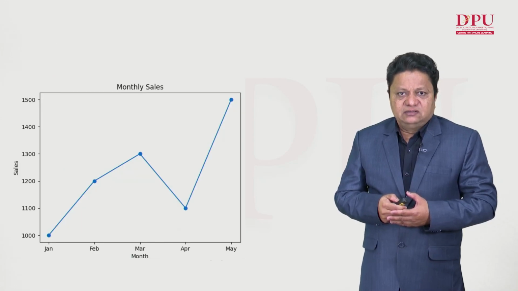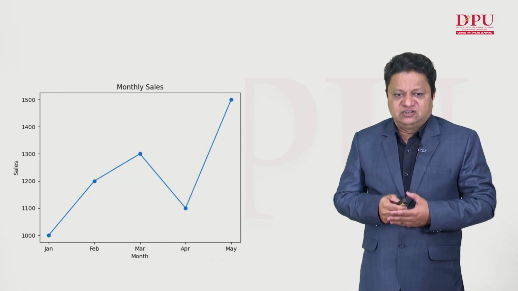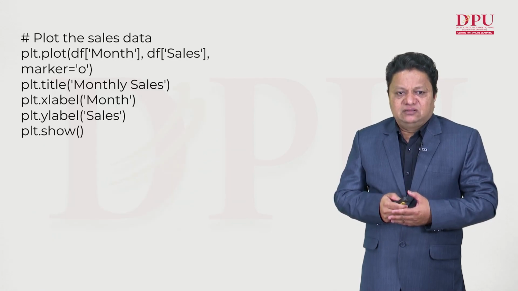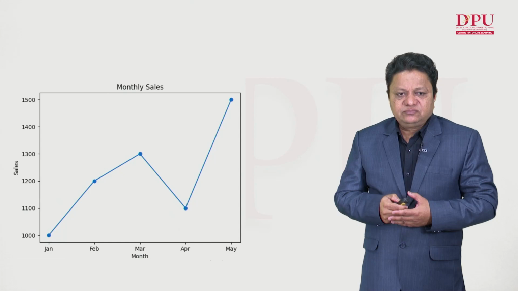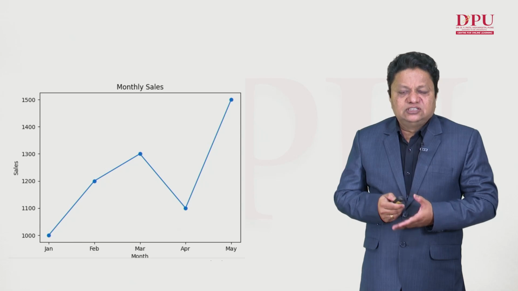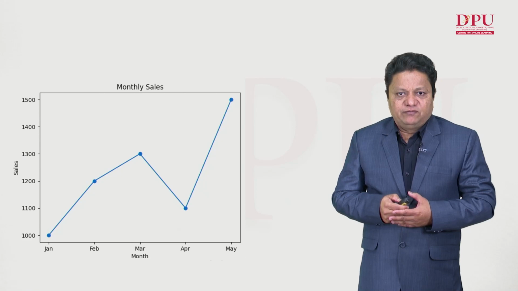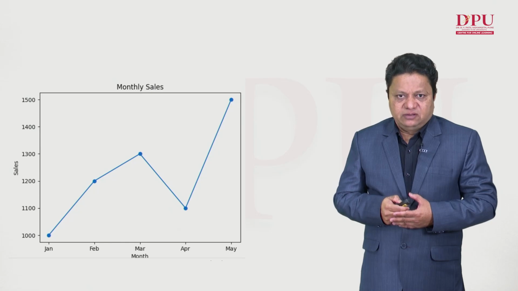I will get this kind of visualization. You can see the month on X label, and on Y label you can see its sales. So, this is how I can visualize the data with the help of pyplot and its functions, the Matplotlib pyplot library.